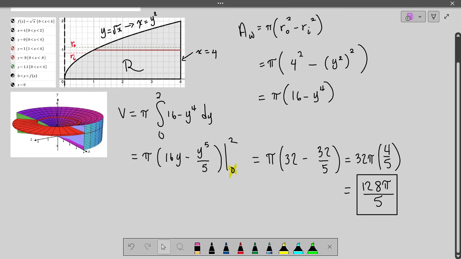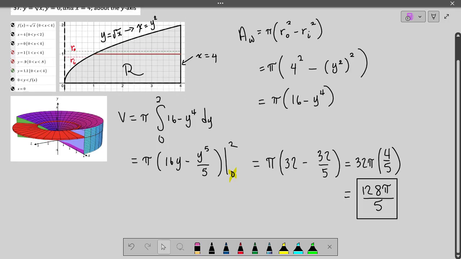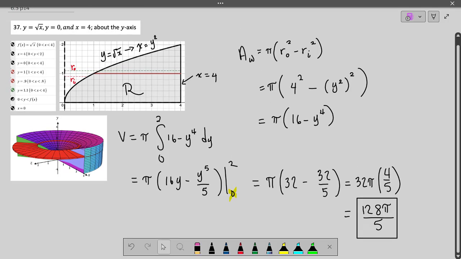All right, any questions on that one? Yep. Why in this case are we using the x and the y? Like for x equals 4, you substitute for the outer, and for the other one you use y.